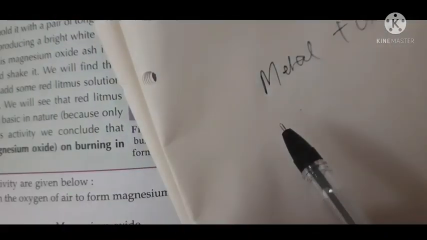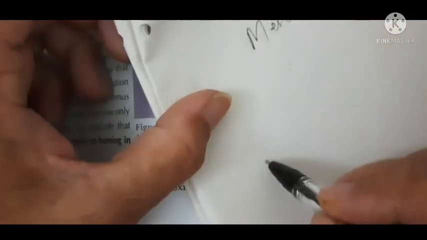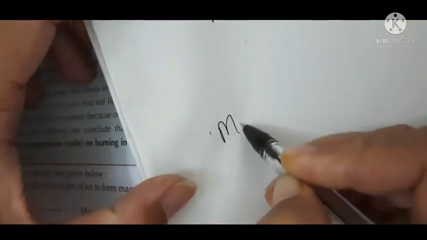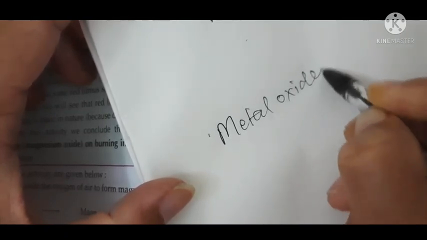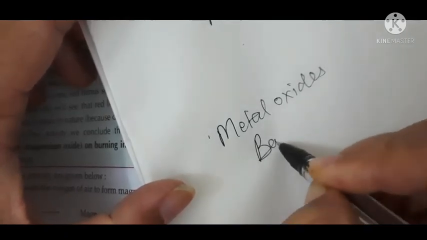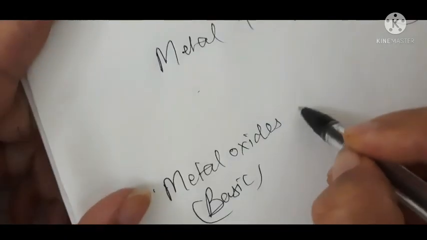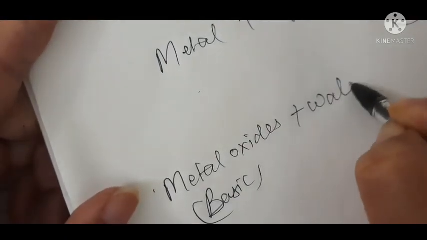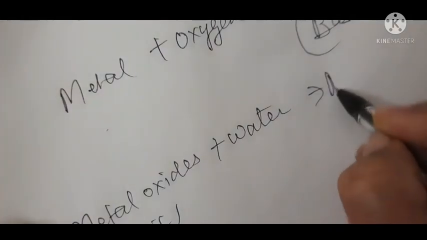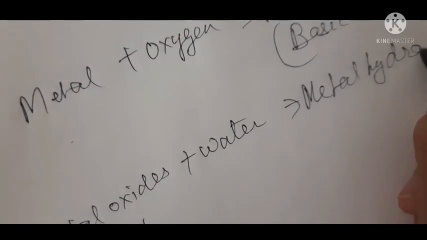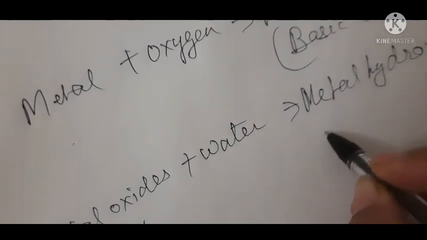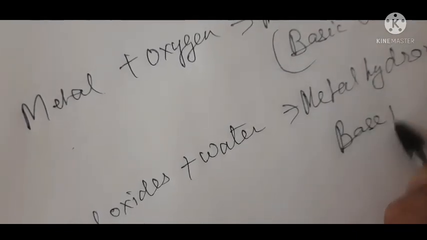Soap is a base, soap is basic. Please, I am writing only the general equations. Metal oxide, which is a basic oxide, in water will give metal hydroxide, and metal hydroxide is a base.